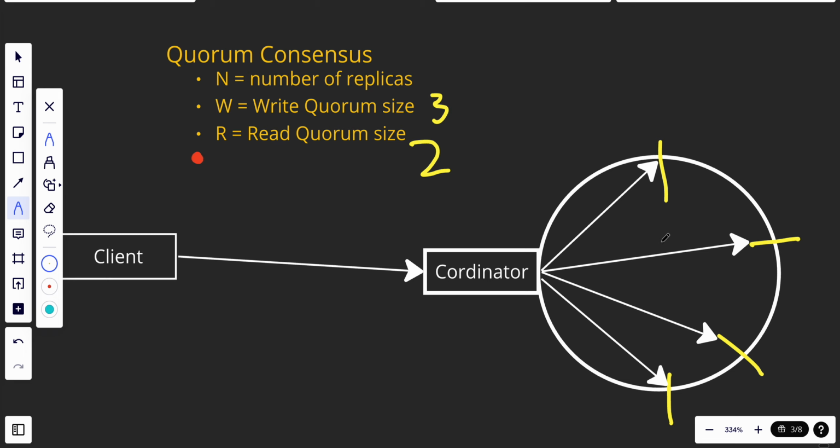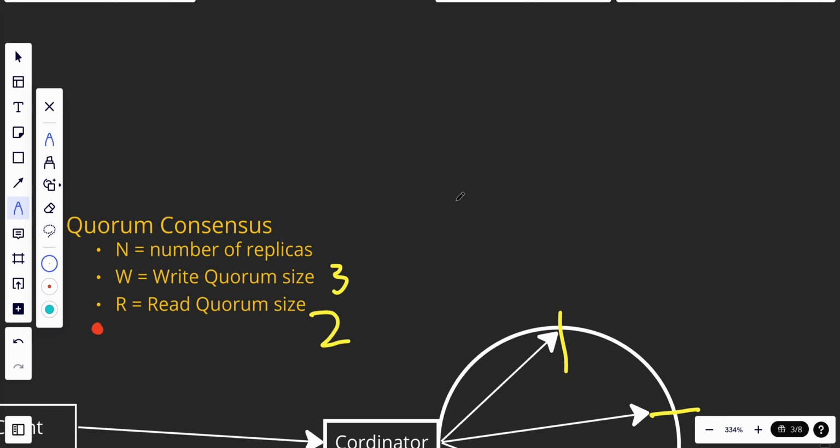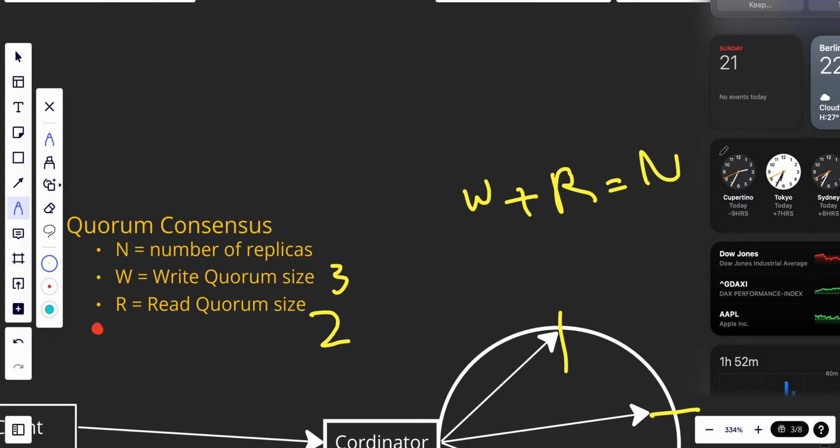And if N is the number of servers, if W plus R is bigger than N, then we have strong consistency.